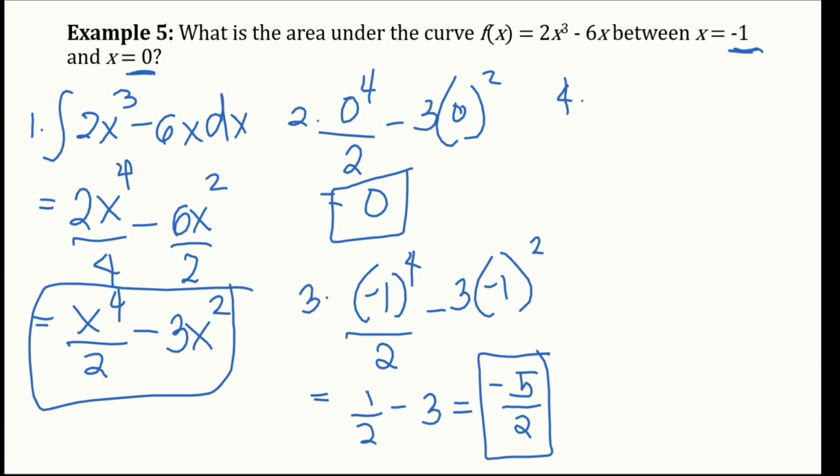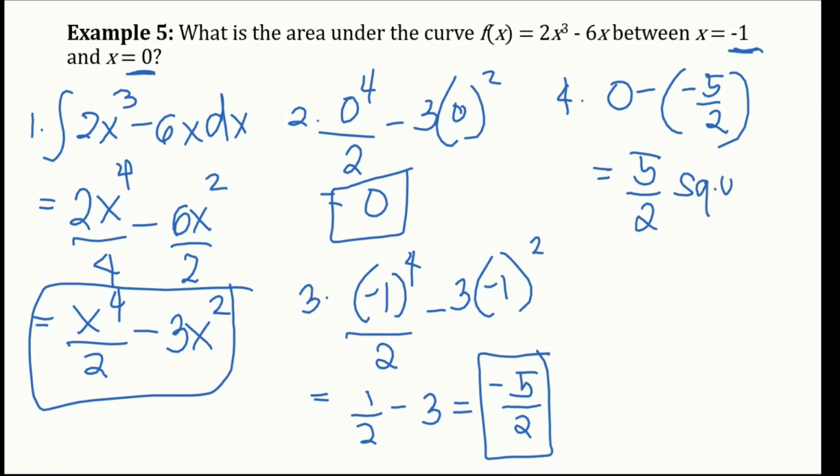So 0 minus -5 over 2, and that is equivalent to 5 over 2, or simply 2.5. And let's put the unit as square units because we are looking for the area. And this is now our final answer. This is the end of our lecture for an introduction to definite integration.